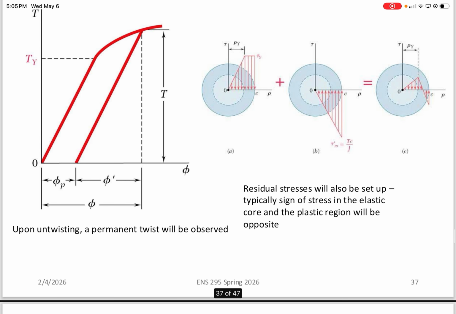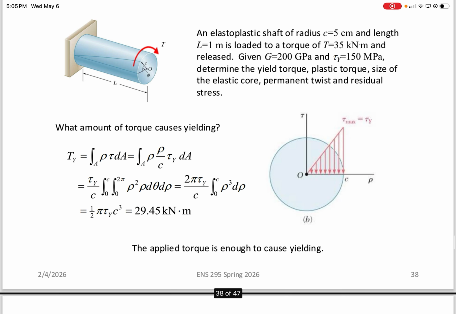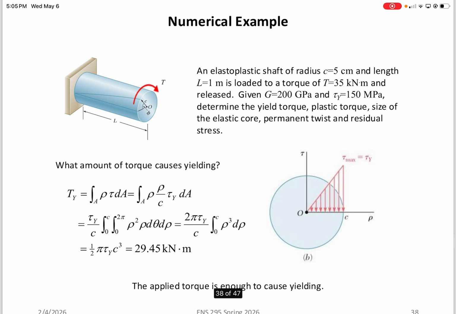If you were to unload it, then we end up with residual stresses and permanent deformations, very similar to unloading an axially loaded bar. All right. So we had a numerical example.